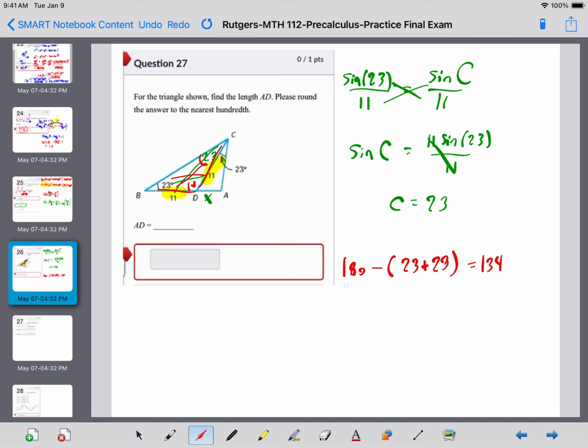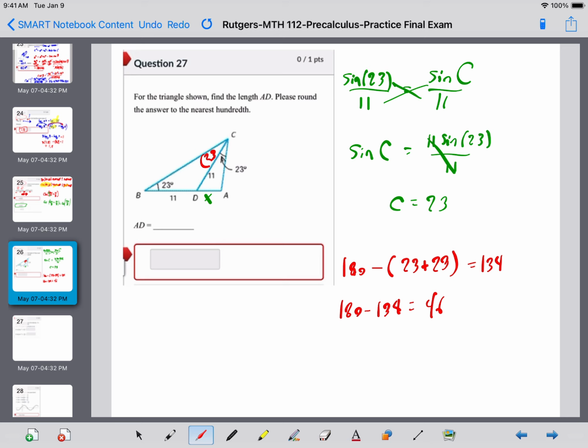So now we have 134 here. This is a supplementary angle, right? They are straight angles. So 180 minus 134 equals 46. And now, let me be a little neater. We said 23.